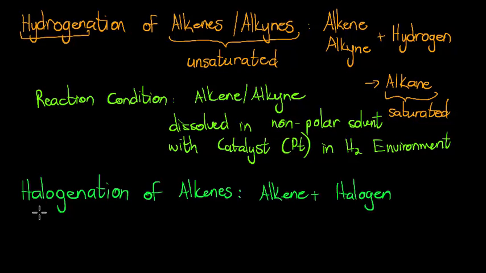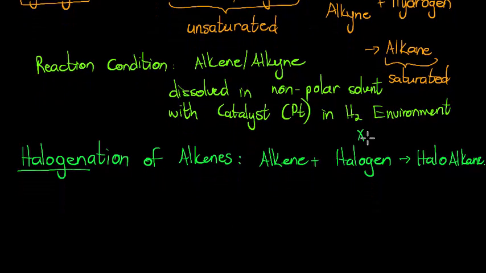You can see it's addition because we're adding a halogen to the alkene structure, and this produces a haloalkane. If I have an alkyne and do the same thing, I am producing a haloalkene. In this case the halogen is X2. There's two halogens and a double bond. The double bond breaks, taking one of the halogens, and the other carbon takes the other halogen, and that is called halogenation.